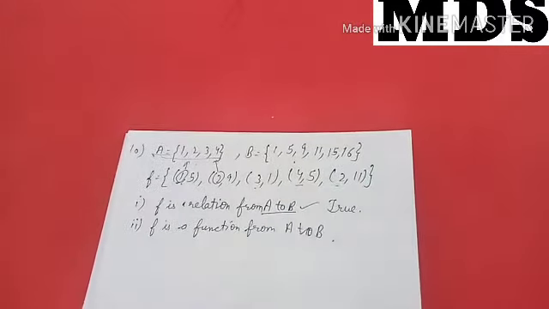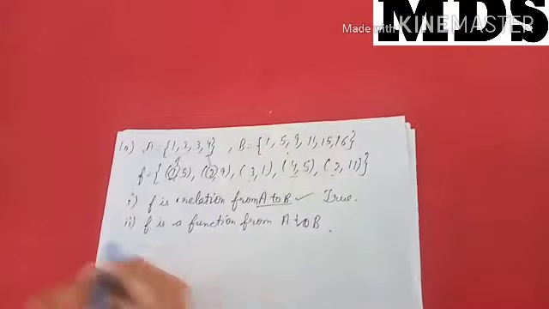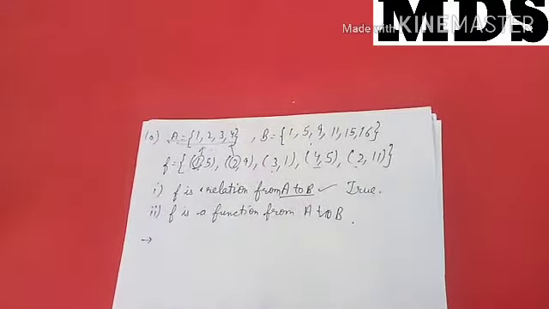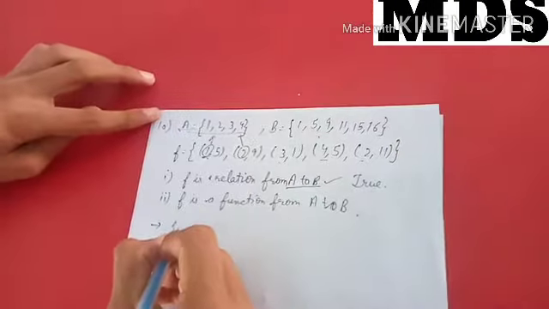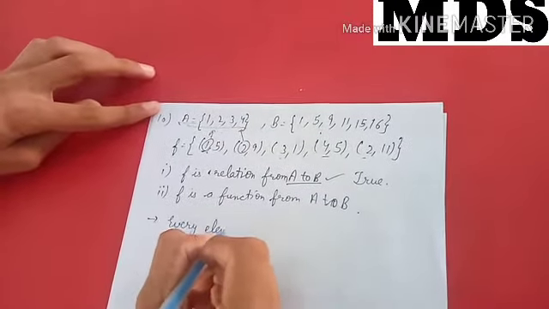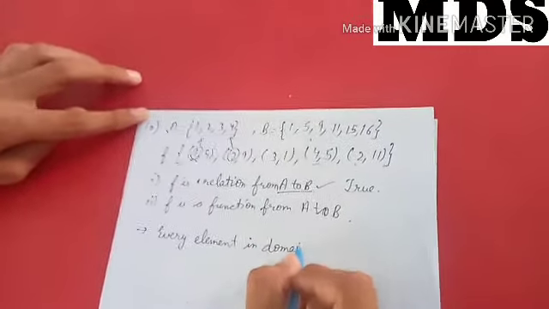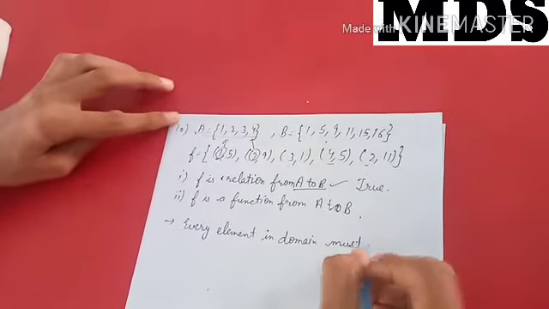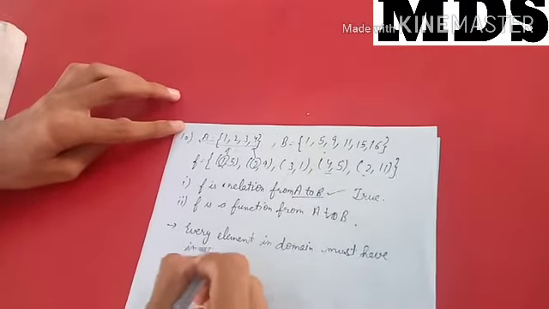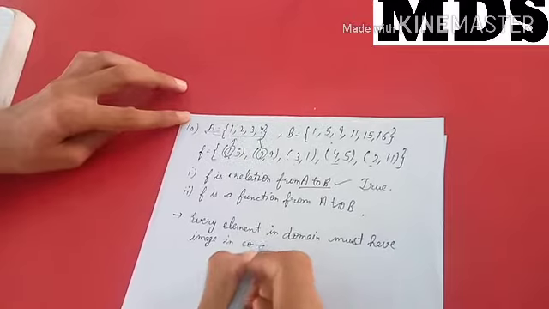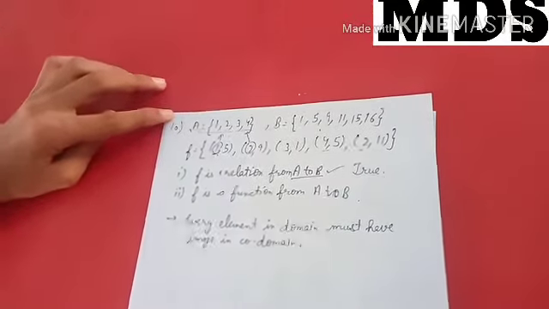Now if you talk about function, you have to prove whether it is a function or not. We know that there are two necessities for a relation to be a function. First, every element in the domain must have an image in the codomain.